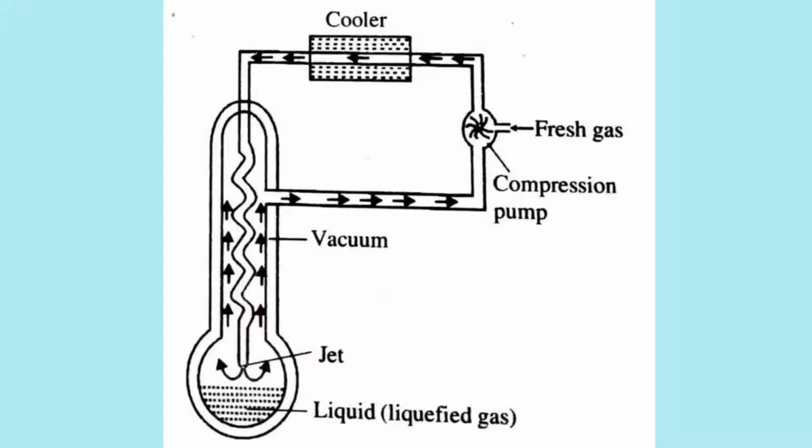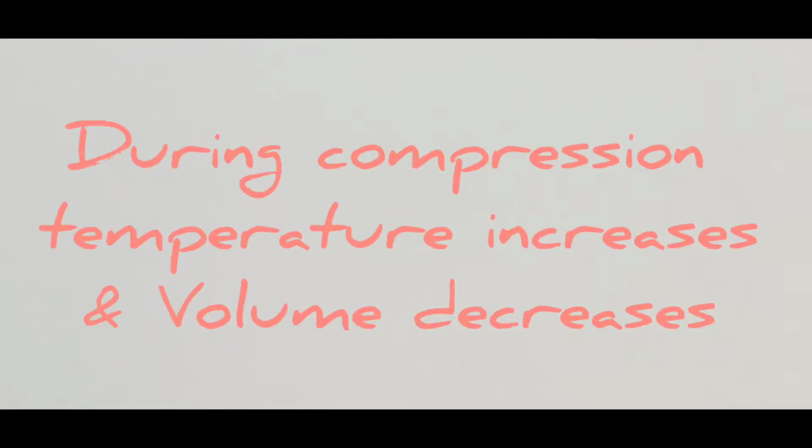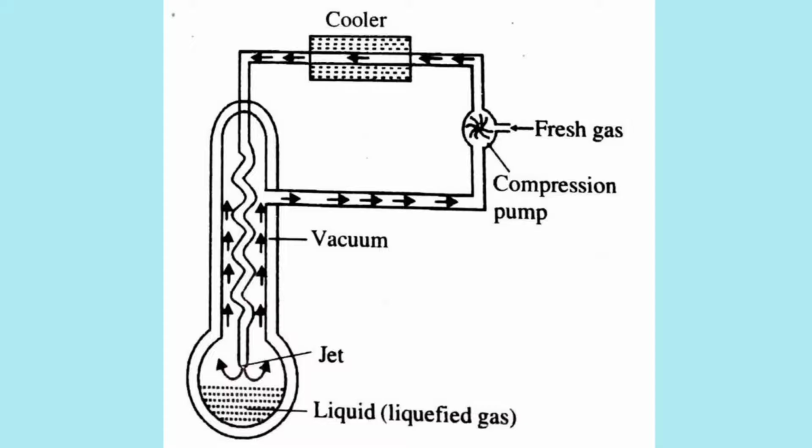During compression, pressure is applied on the gas. When a gas is compressed, work is being done on the gas. The result of the work is first a decrease in its volume, and the work put into the system goes to increasing the temperature of the gas.